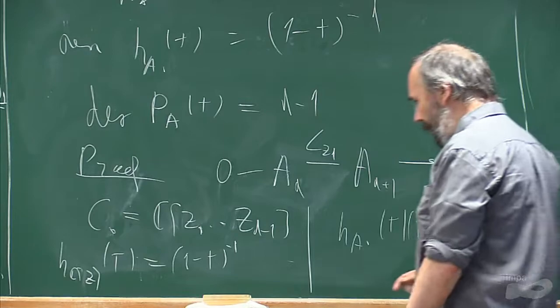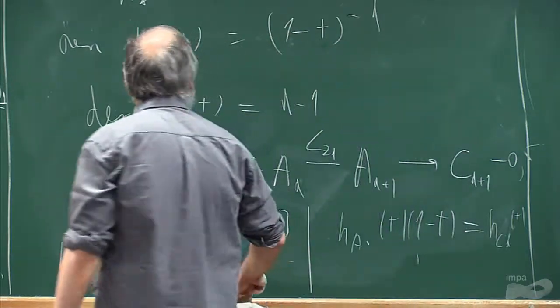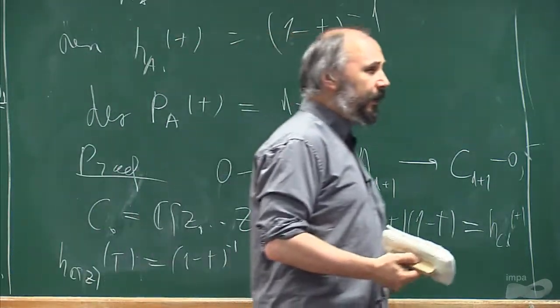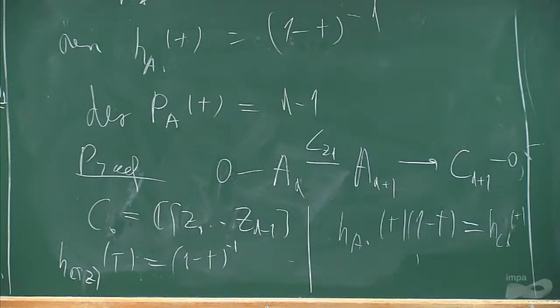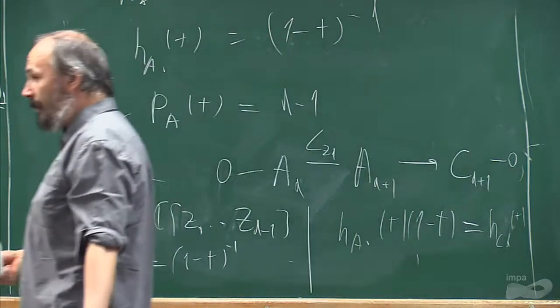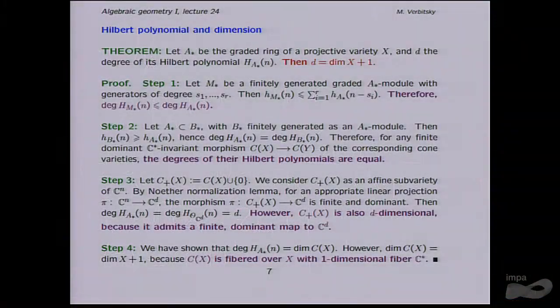One of the important applications of the Hilbert polynomial is that its degree is more or less the dimension. Well, if we work with cones, it's precisely the dimension. If we work with the projective variety, it's the dimension plus 1.